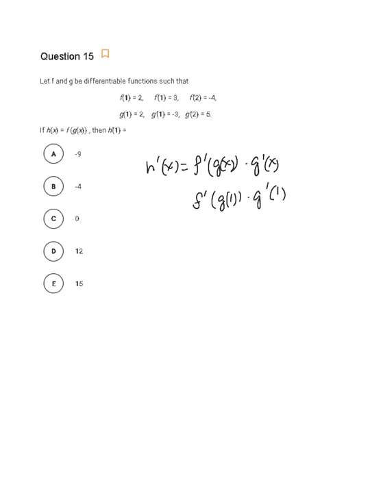Okay, and then you just have to go and scavenge for the answers. Well, g of 1 is 2, so I want f prime of 2. Well, f prime of 2 is negative 4. g prime of 1 is negative 3, so therefore it's 12.